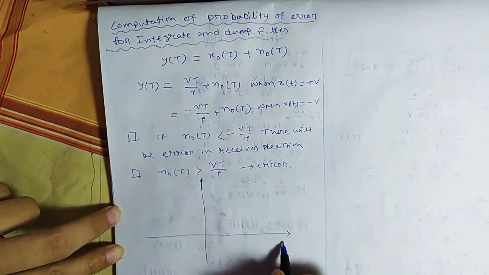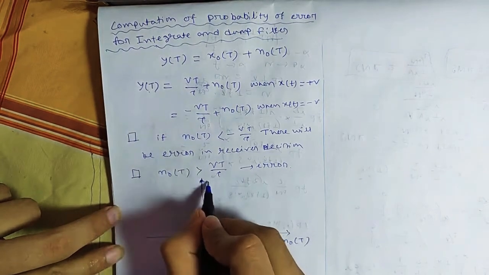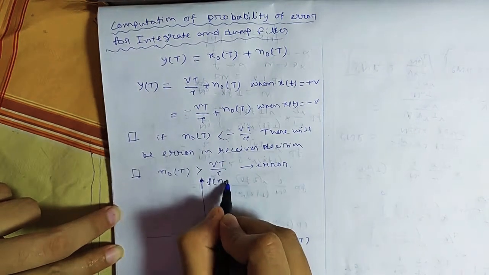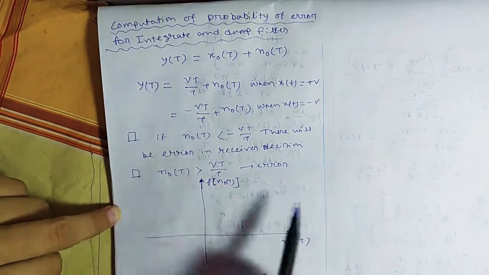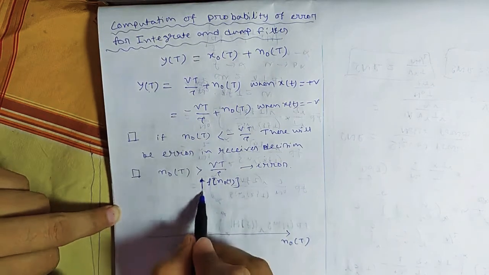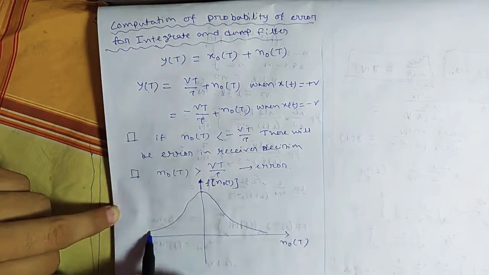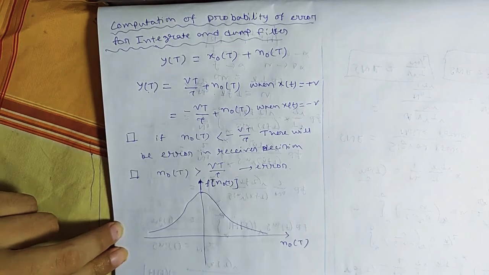Suppose this is the n0(t) axis. If I draw the PDF, it will look like this. It is a typical Gaussian probability density function with zero mean.